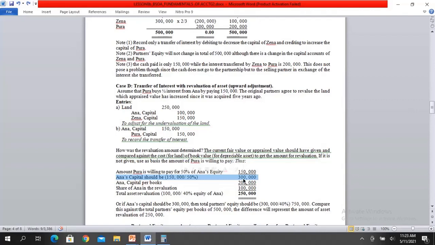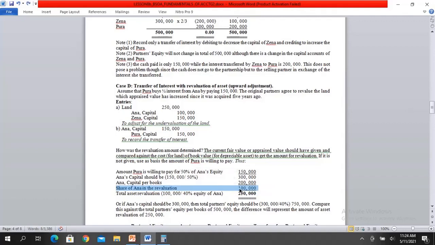Pero, ang capital lang ni Ana per books ay 200,000. Ngayon, ilalapat natin yan. So, Anna's capital na 300,000, less natin yung 200,000. Magkano yung share ni Ana doon sa revaluation? So, 100,000.